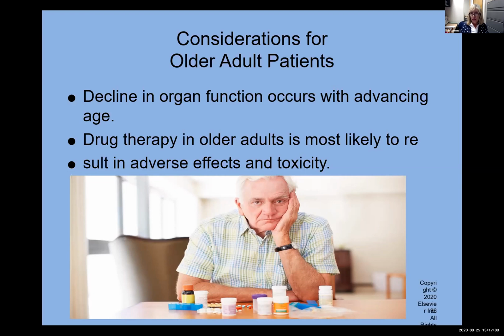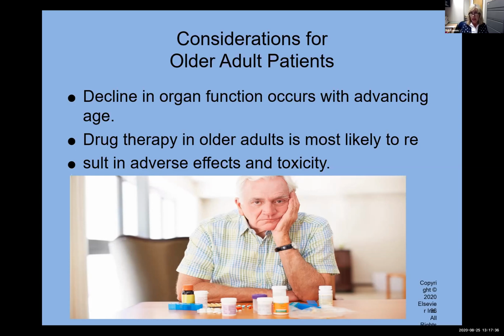Liver function declines as our patients continue to age, which means that meds are not going to be metabolized as quickly. Kidney function declines with older patients. Very good, Alexandra, which means the meds aren't going to be excreted as effectively. So those medications in an older patient can build up.